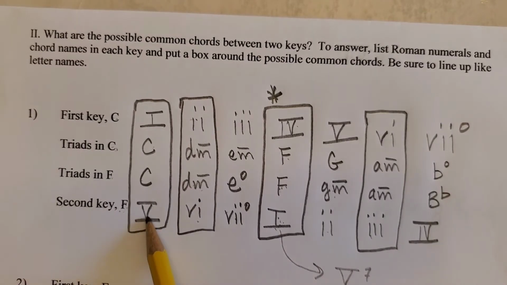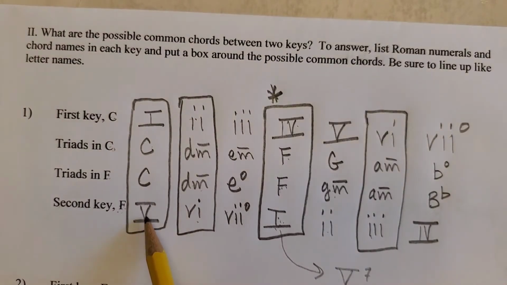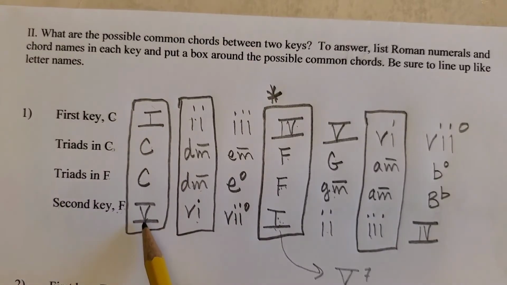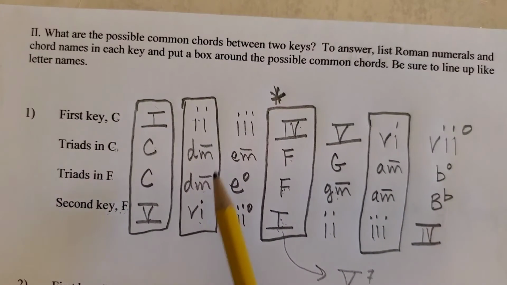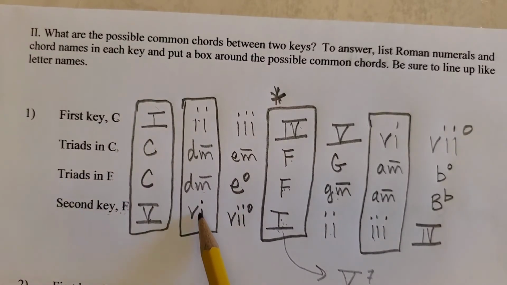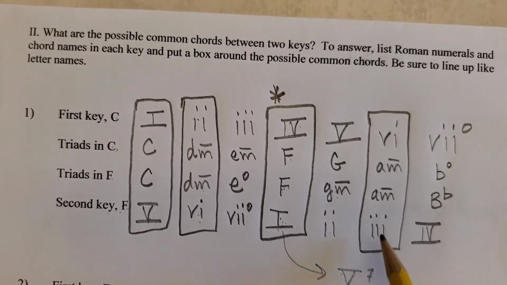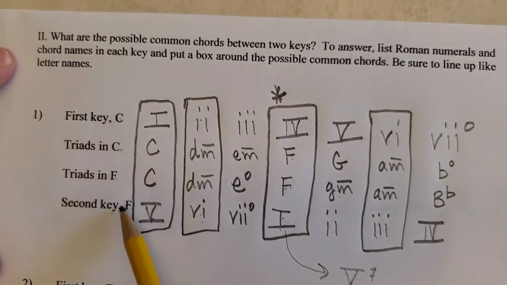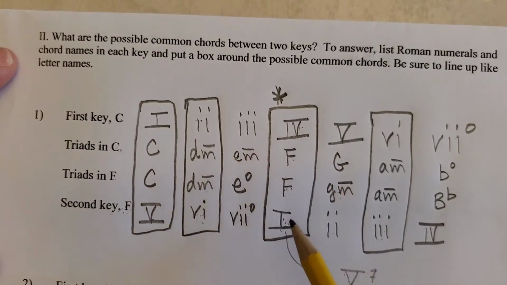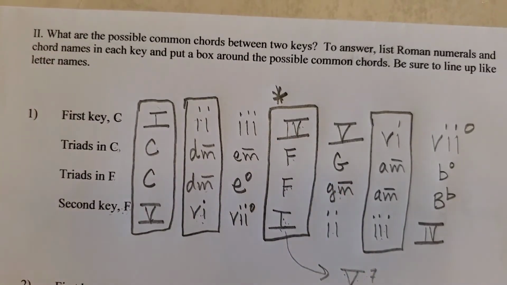Whereas 5 that's going to be confusing because 1 becoming 5 and then you're going to hear 5 next in this key. So this one's not so valuable. 6 does not gracefully go to the new 5 because 6 doesn't go to 5 in the flowchart, and neither does 3 going to 5. So if you modulate from the key of C to the key of F, this chord will often be used by composers to be your common chord.